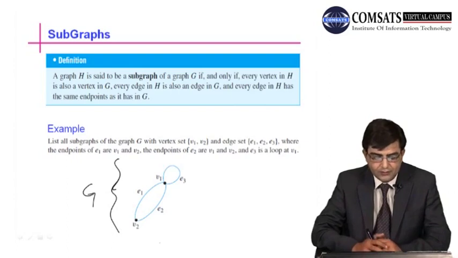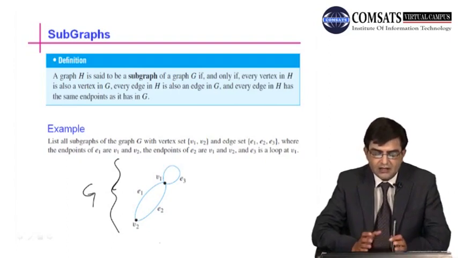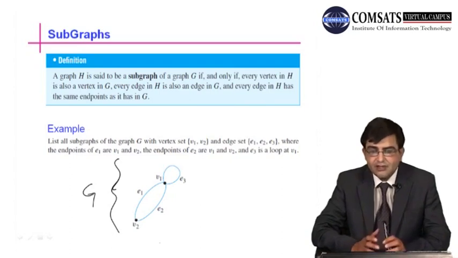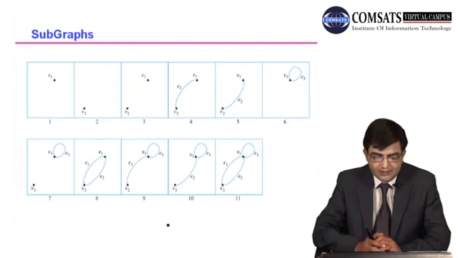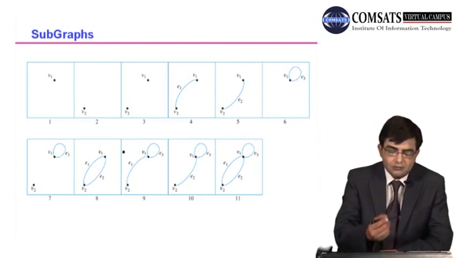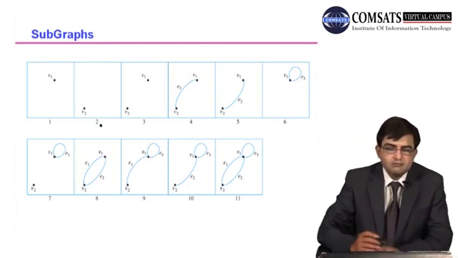So we have to draw all possible subgraphs of this graph. The concept is the same as the subsets of a set, as we discussed in set theory. These are all possible subgraphs of the given graph. The first subgraph could be the vertex V1.